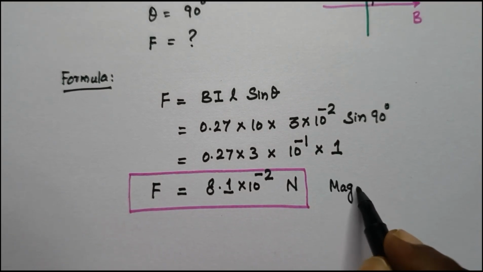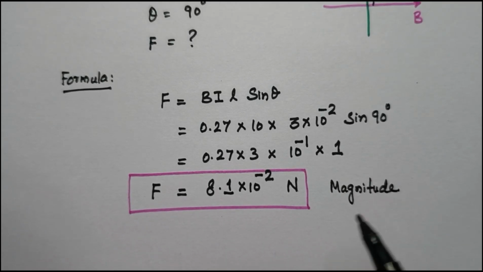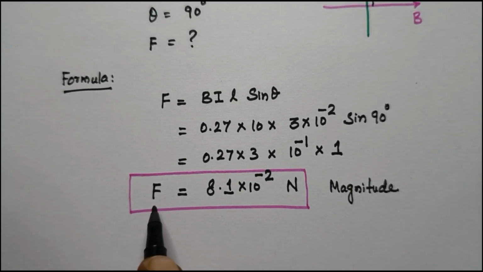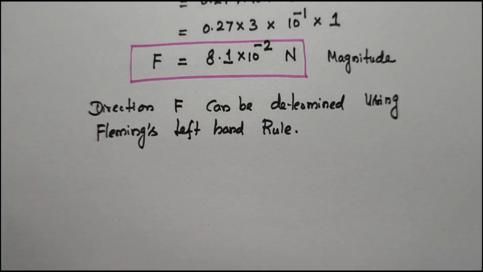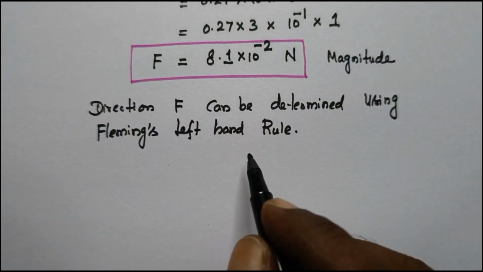We know that force is a vector quantity. It has both magnitude and direction. Direction of the magnetic force can be determined using Fleming's left hand rule. So what is Fleming's left hand rule? First we have to stretch the thumb, forefinger, middle finger in such a way that they are perpendicular to each other.